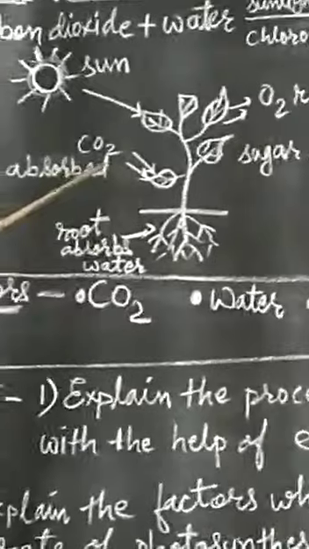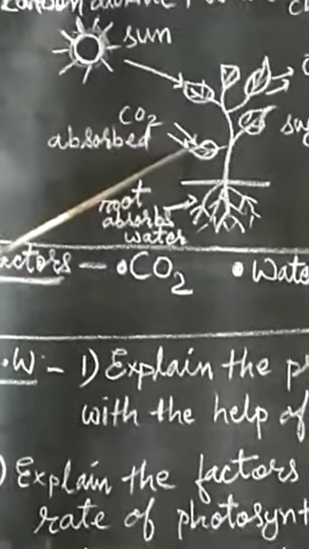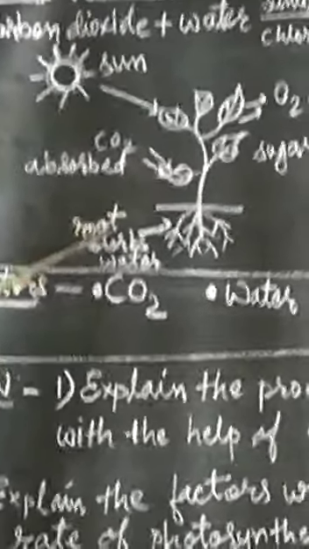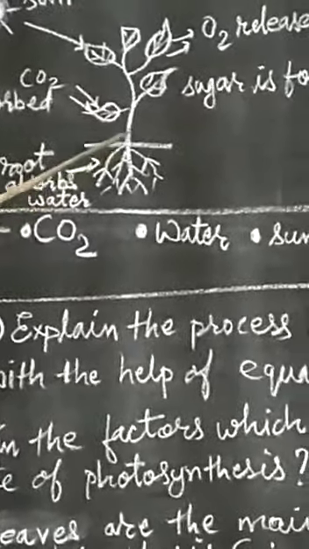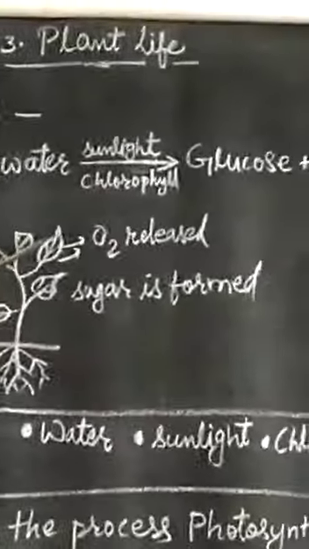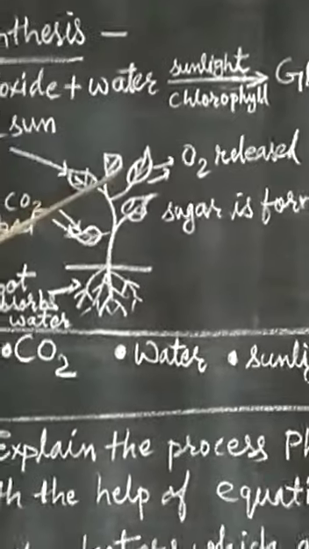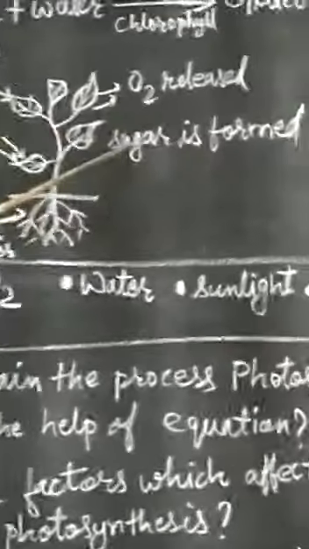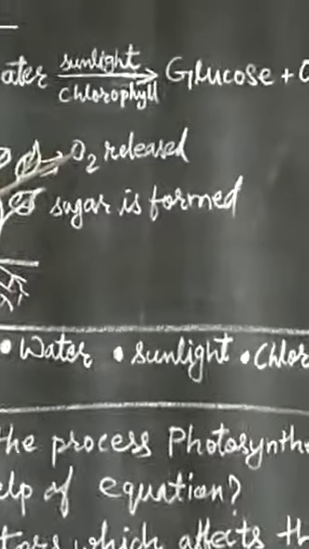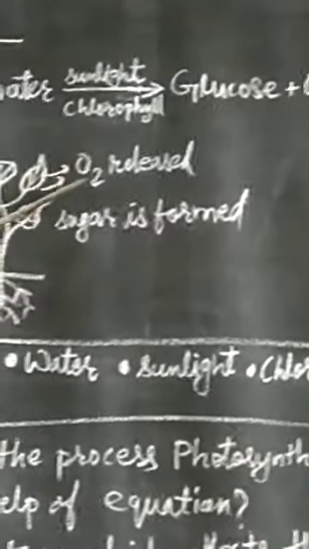CO2 is absorbed from the atmosphere. Roots absorb water from soil, and by the process of photosynthesis, sugar is formed and oxygen is released in the atmosphere.